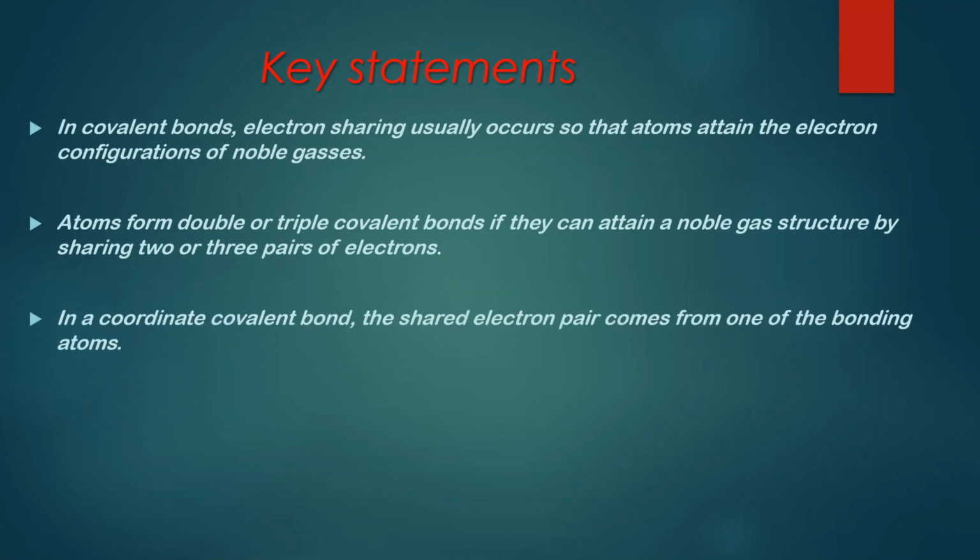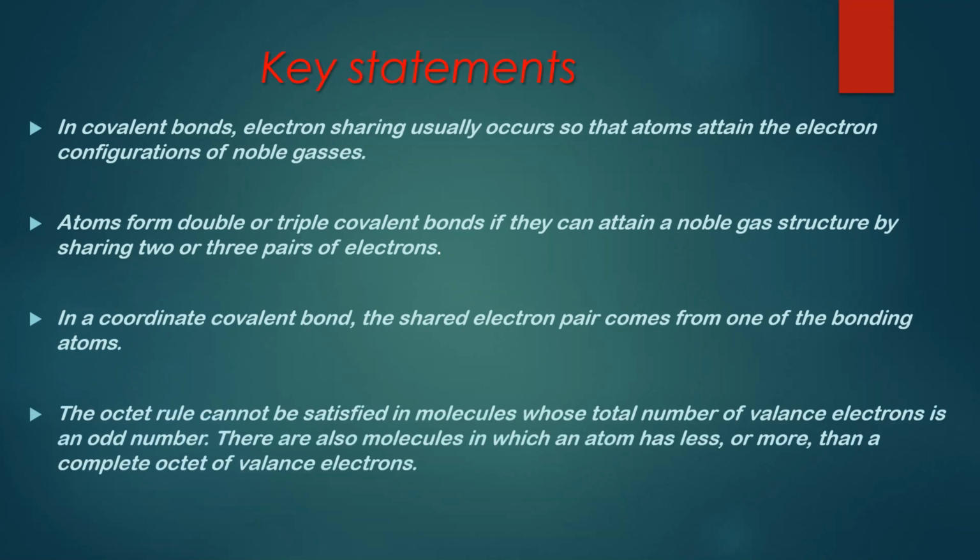In a coordinate covalent bond, the shared electron pair comes from one of the bonding atoms. The octet rule cannot be satisfied in molecules whose total number of valence electrons is an odd number. There are also molecules in which an atom has less or more than a complete octet of valence electrons.